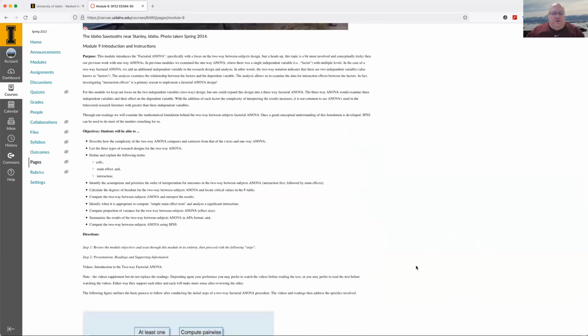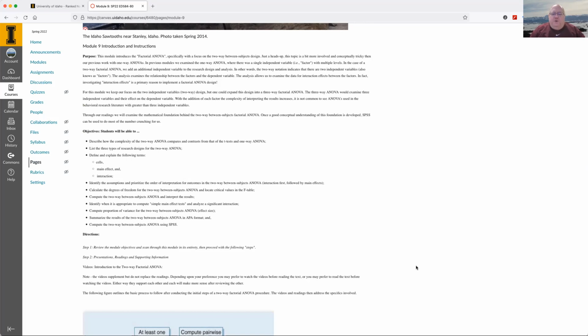This module introduces the factorial ANOVA, specifically with a focus on the two-way between subjects design. Just as a heads up, this topic is a bit more involved and conceptually tricky than our previous work with one-way ANOVAs. In previous modules, we examined the one-way ANOVA where there was a single independent variable or factor with multiple levels.